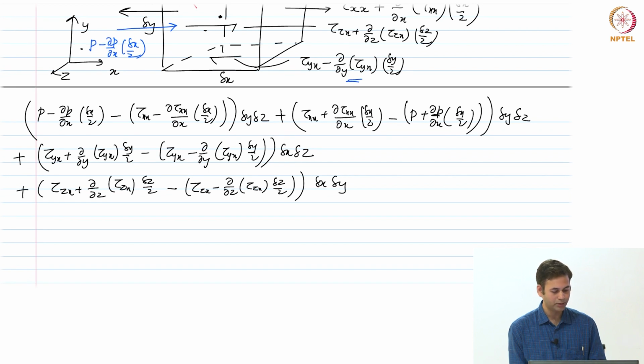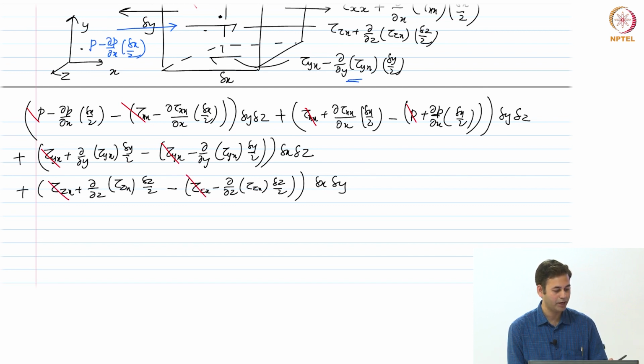So, what terms remain and what terms get cancelled here? Does P retain or does P get cancelled? P gets cancelled. What about tau xx? Gets cancelled, you have a plus here, a minus here. What about tau yx? Gets cancelled. Tau zx also goes away.